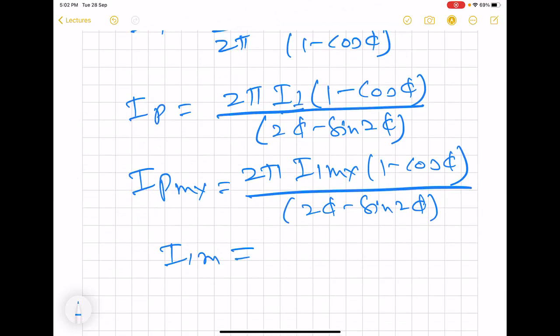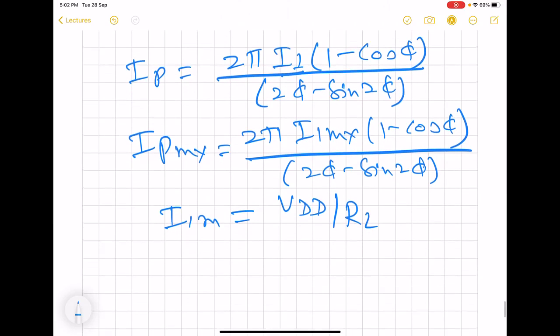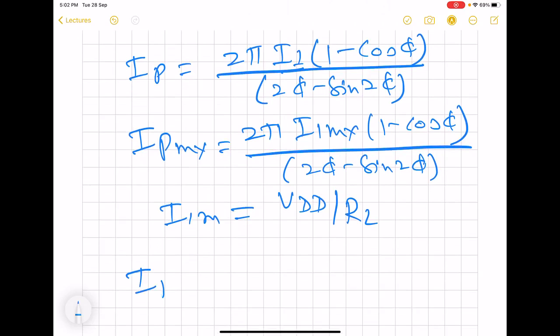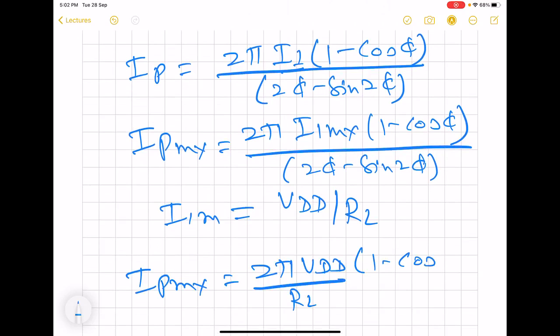So this I1 max gives rise to VDD swing divided by R_L. So this I_P max becomes 2 pi VDD by R_L (1 minus cos phi) divided by (2 phi minus sine 2 phi).